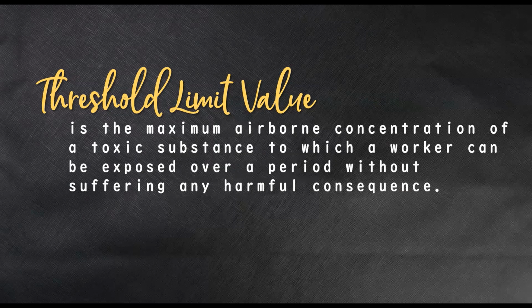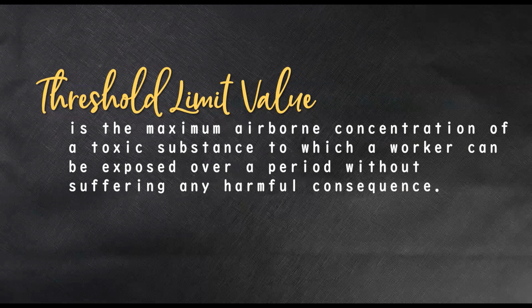Now, TLV is expressed in terms of ppm or parts per million, or it can also be milligrams per cubic meter, mg per m cubed. Because we are talking here about the concentration of chemical substances, class. Okay? Now, as the term states, threshold limit value is considered the maximum limit of concentration of the substance to which the worker is exposed.